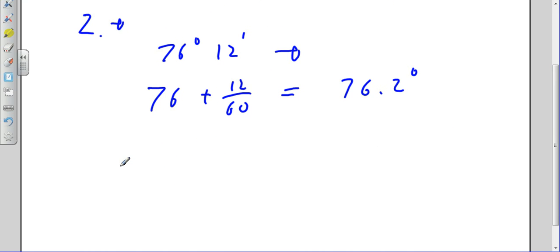Also, if you look in the math key on your calculator, there's a degree, minutes, seconds function.